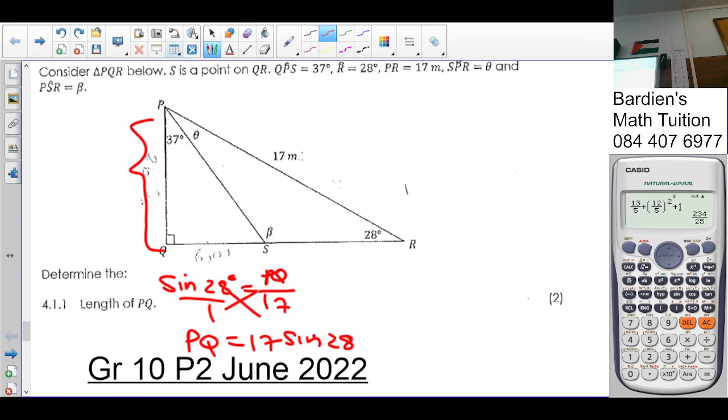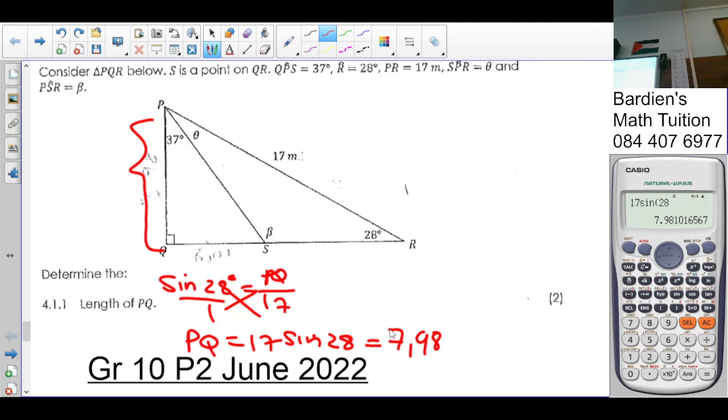Let's put it in the calculator. 17 sine 28 gives 7,98. It didn't say how many decimal places, so I'm going to work with 2, which gives 7,9. They didn't specify, so you could do any, but in the initial instruction, I think they said 2 decimal places.